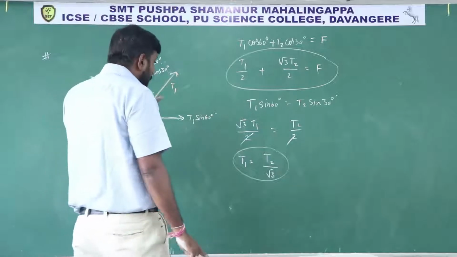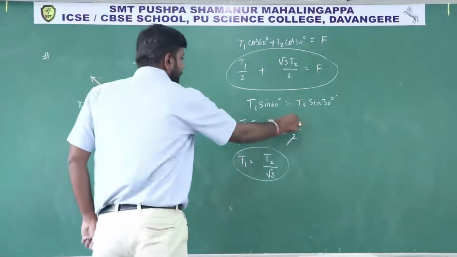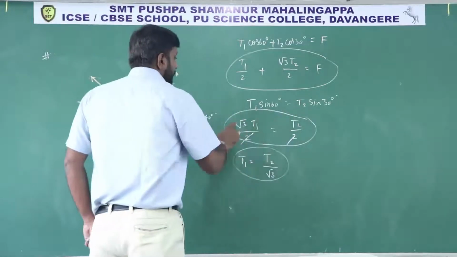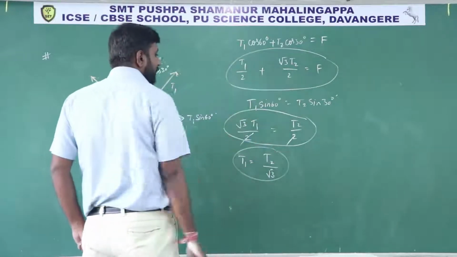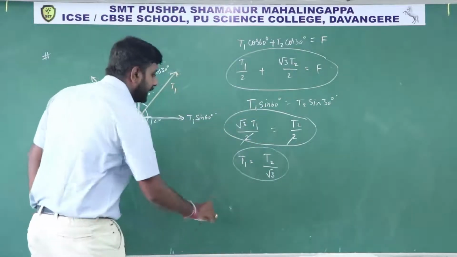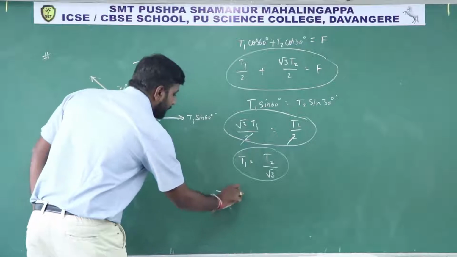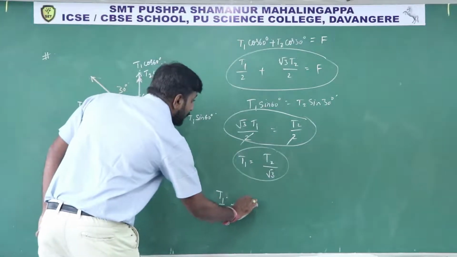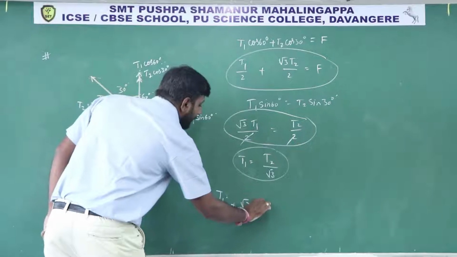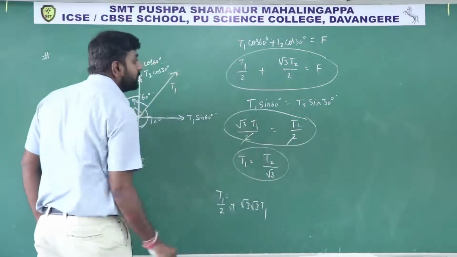So what I will do is, in place of T2, I will substitute this value, then I can get T1 in terms of F. T1 by 2 plus root 3 into root 3 T1 by 2 is equal to F, since T2 is nothing but root 3 T1.